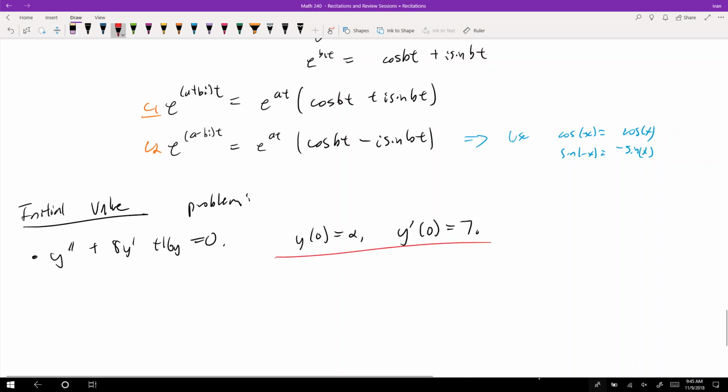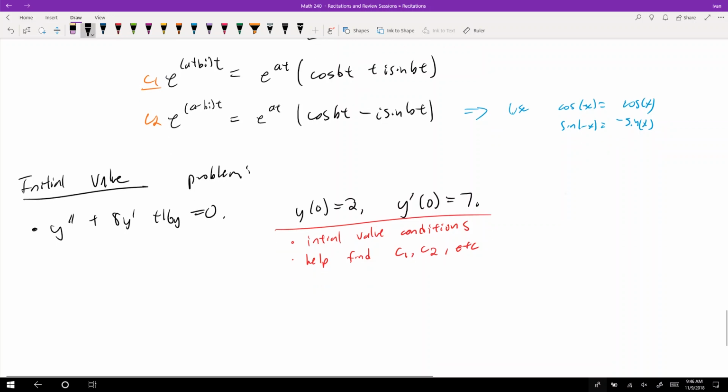So these are initial value conditions, and they help you recover C1 and C2. They help you find those unknown constants in your solution.